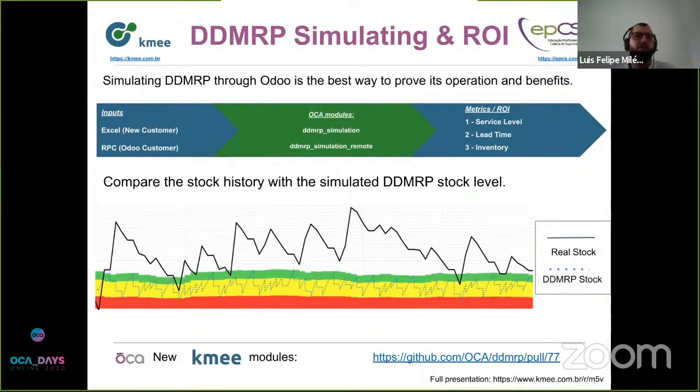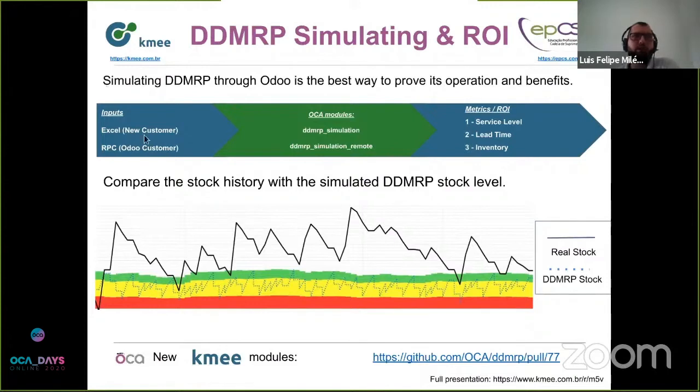I'm currently working on a project in Brazil where we are implementing DDMRP, and we developed a simulation model that allows us to check what's the best buffer parameter and get some metrics and see that the methodology is working well in the customer.